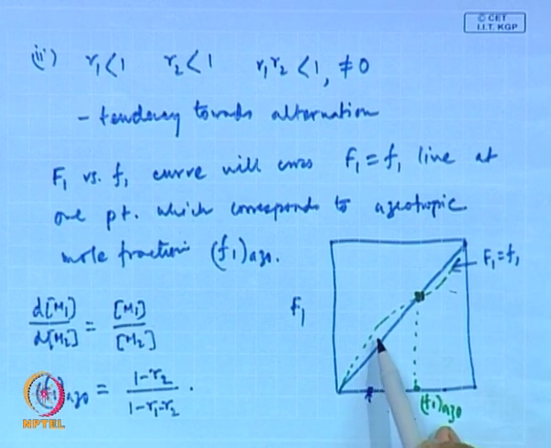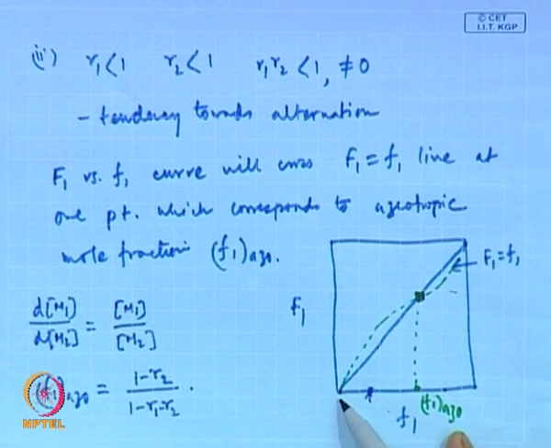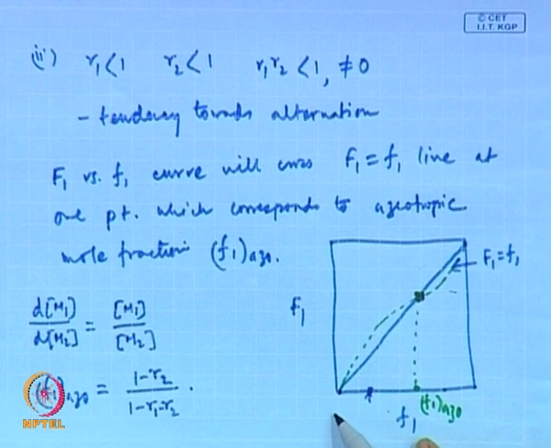So, in this case you actually drift to a composition where the mole fraction of M1 in the reaction medium is either 0 or 1. So, accordingly you will get a drift in the copolymer composition as well.